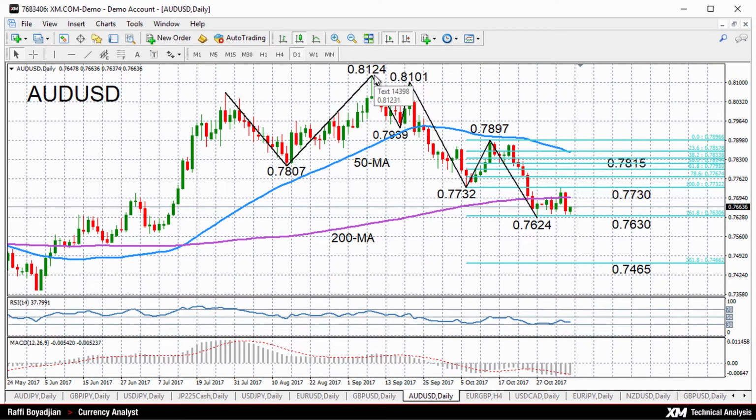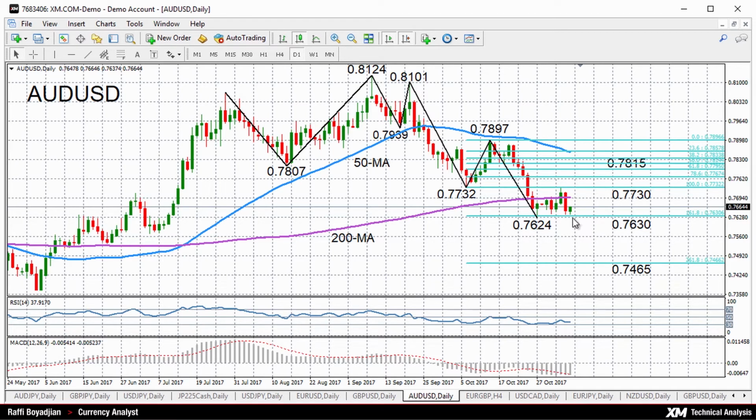We can see the downtrend has been forming following the formation of the lower highs and the lower lows. Although during the past week it's pretty much been range bound, hovering around the 200-day moving average. A key support there is 0.7624.